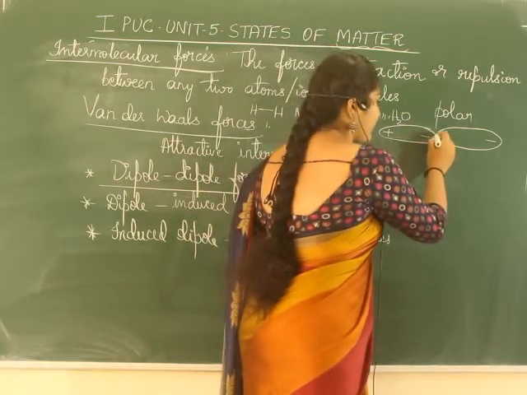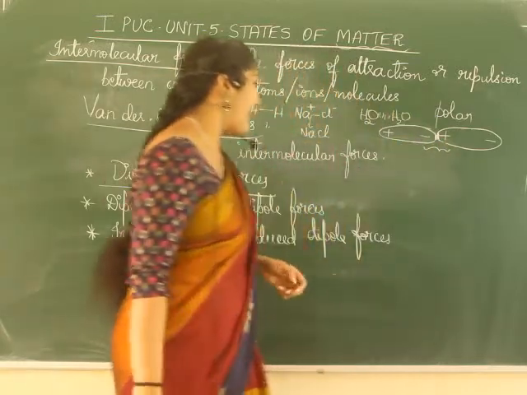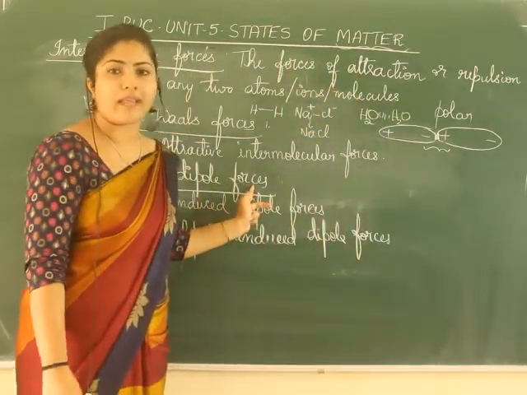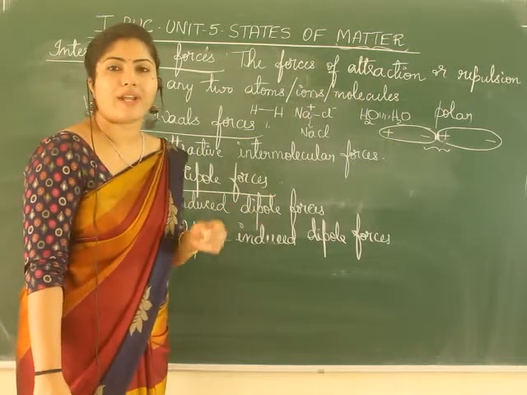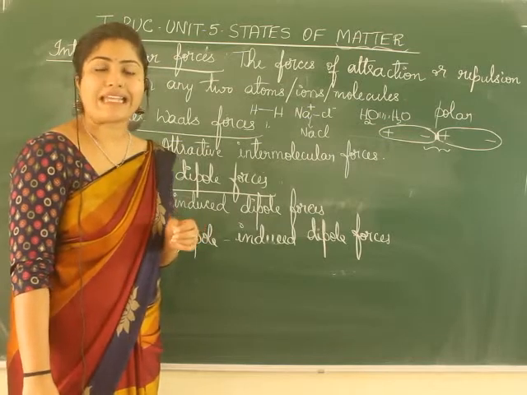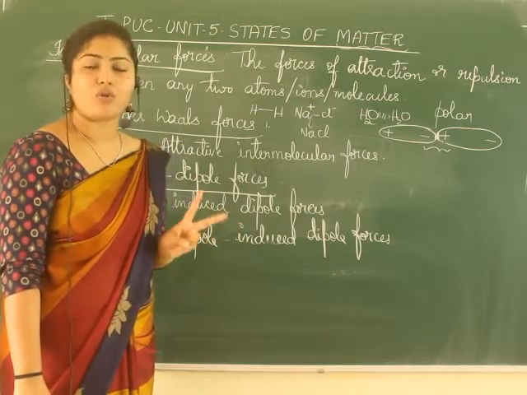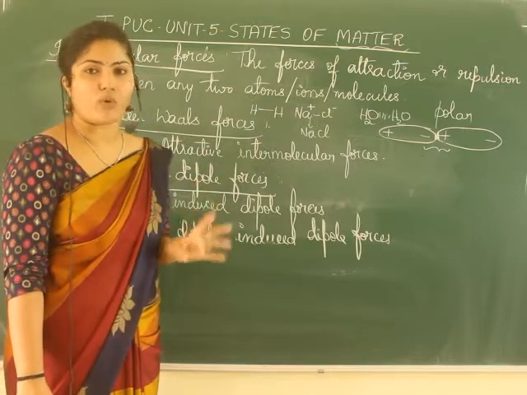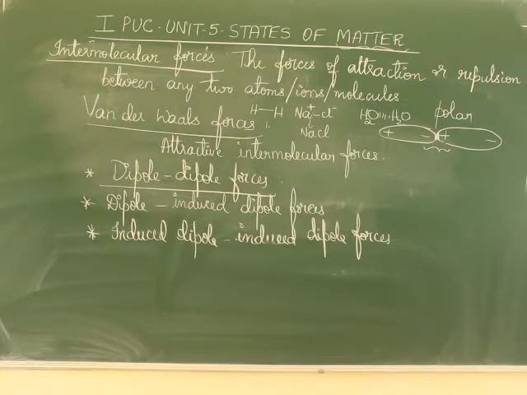So if there is a force of attraction between these, we call this force of attraction as dipole forces. This is one simple way how you can define dipole forces. The force of attraction that exists between two polar molecules or two molecules having dipoles, you can write. Okay, I'll just give you the definition of it so that hope you don't find it difficult in ways.